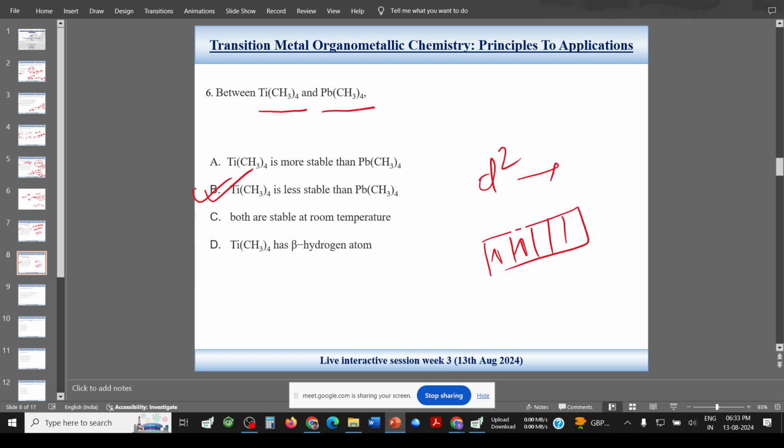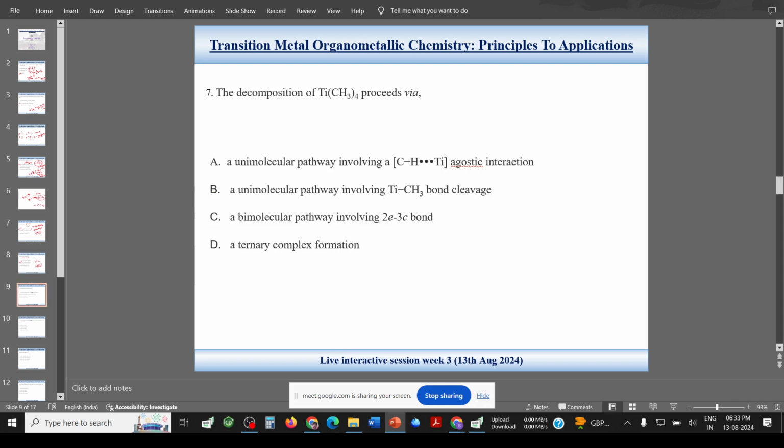So the lead tetramethyl complex is more stable than titanium. The next question is the decomposition of the type proceeds via. I have already explained this. Now what will be the right answer? A bimolecular pathway involving 2 center 3 electron bonding. Yes, the decomposition of tetramethyl titanium proceeds via a bimolecular pathway involving 3 center 2 electron bonding.